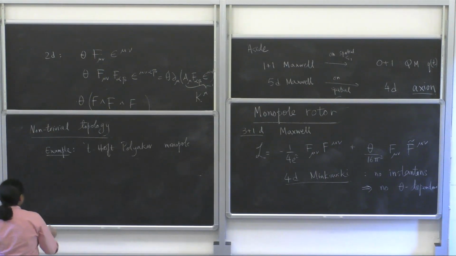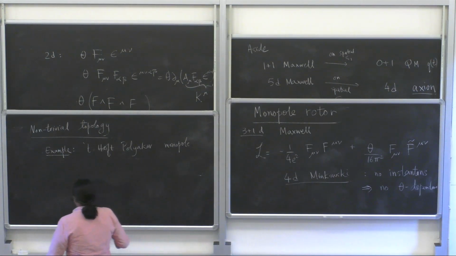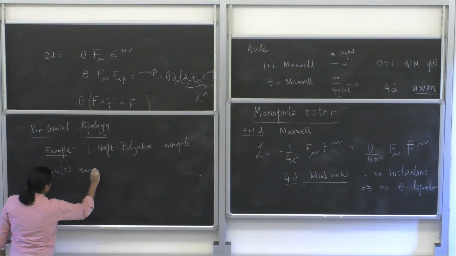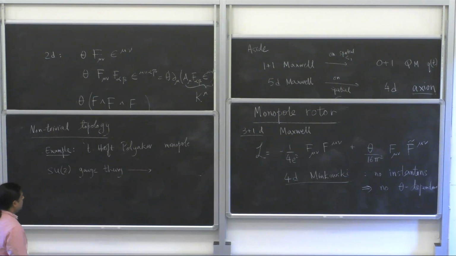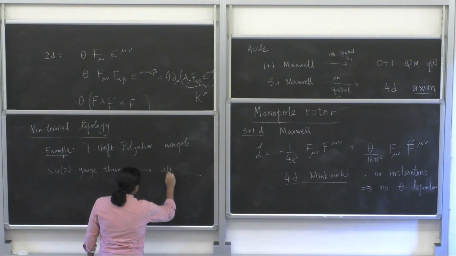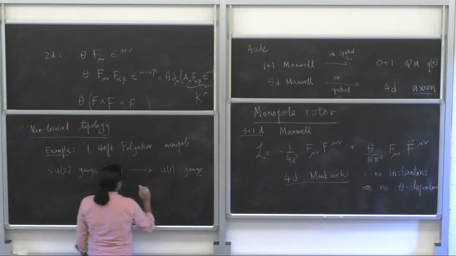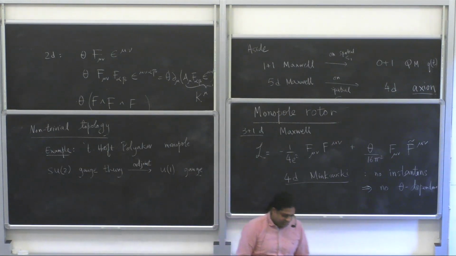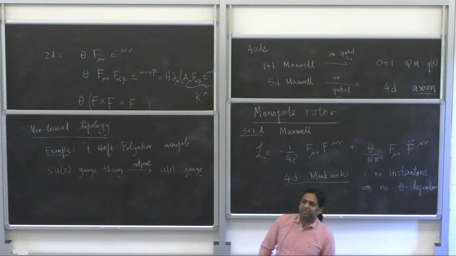Okay, so this is a very interesting example of a quantum field theory where you start with an SU2 gauge theory, which breaks down to a U1 gauge theory, the one that we're interested in, by an adjoint scalar field getting a vev.